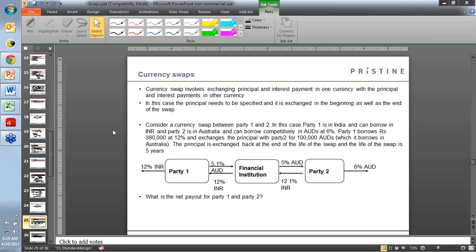So whenever you apply for a loan in a foreign country, you usually get a higher interest rate at which you have to borrow. To avoid this situation, companies often engage in a currency swap. As an example, here we have a currency swap between party 1 and 2.